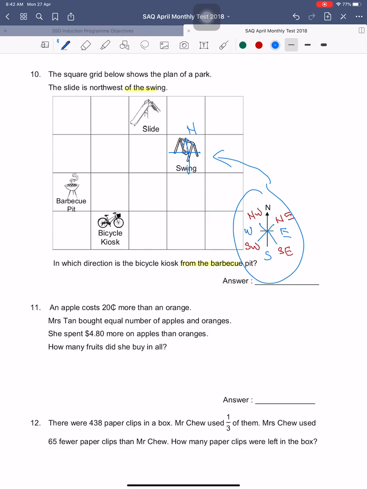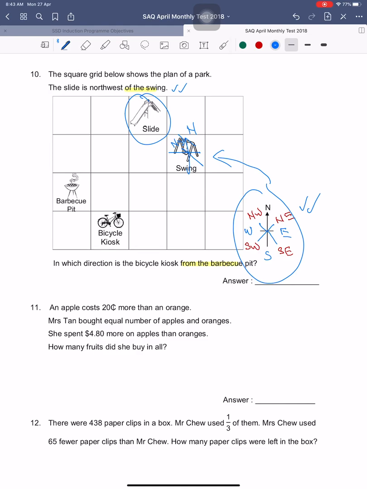So basically you're putting this here when you say of the swing. The question says the slide is northwest, and if you look, the slide is here, and that is northwest. So this statement is to tell us the orientation of the compass. So our orientation, this part is correct. That is the importance of this information.